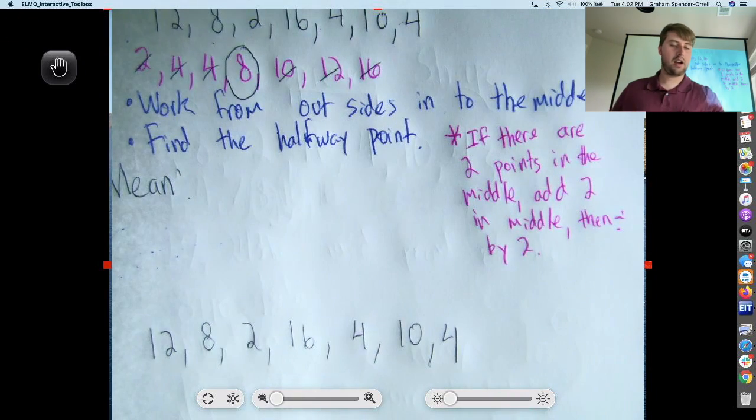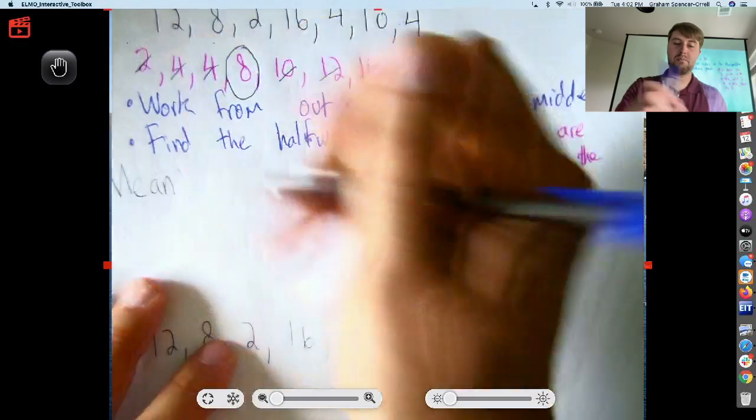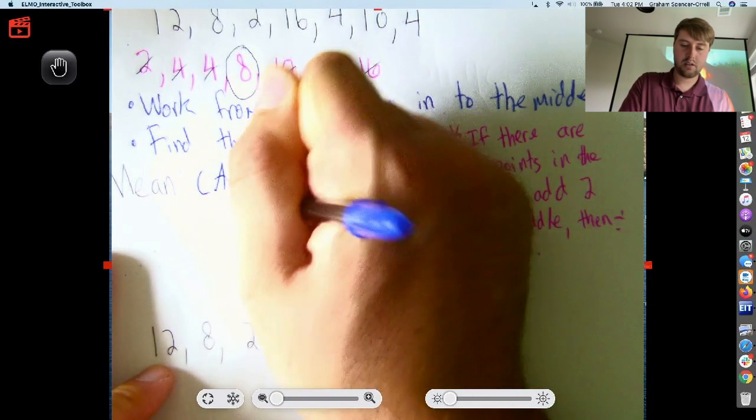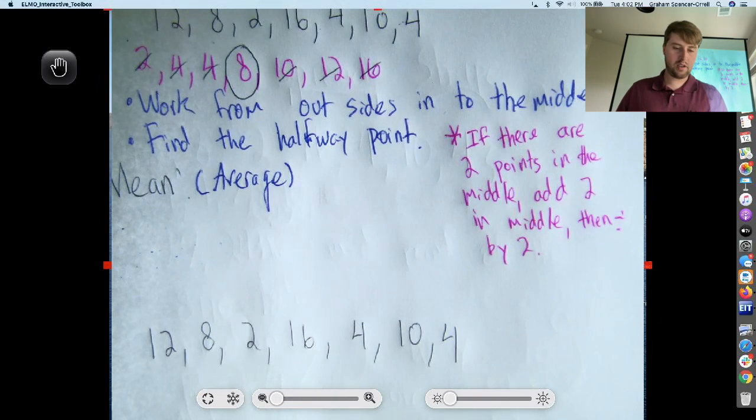Awesome. All right, now we're going to look at our second way to find the middle of a set of data. It's going to be the mean. Another word for the mean is also the average. There are 2 quick steps for this.